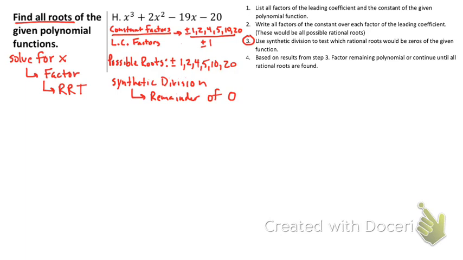So let's set it up. We're going to first try 1 as our possible solution. So let's set this problem up for synthetic division. So we're going to take our leading coefficients here, make sure we're not skipping, make sure it's in standard form. So it's going to be 1, 1, 2, negative 19, and negative 20.